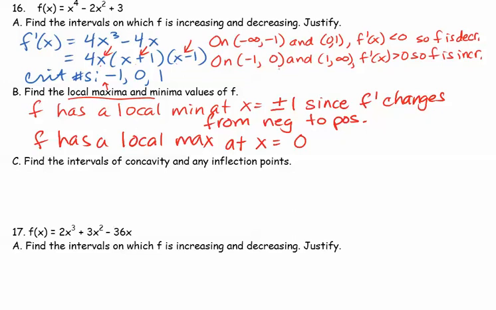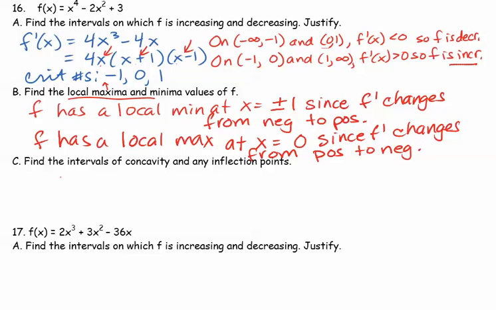It was positive, it was increasing, and then switched to decreasing. So it's a local max at 0 since f prime changes from positive to negative. That's our first derivative test, remember?